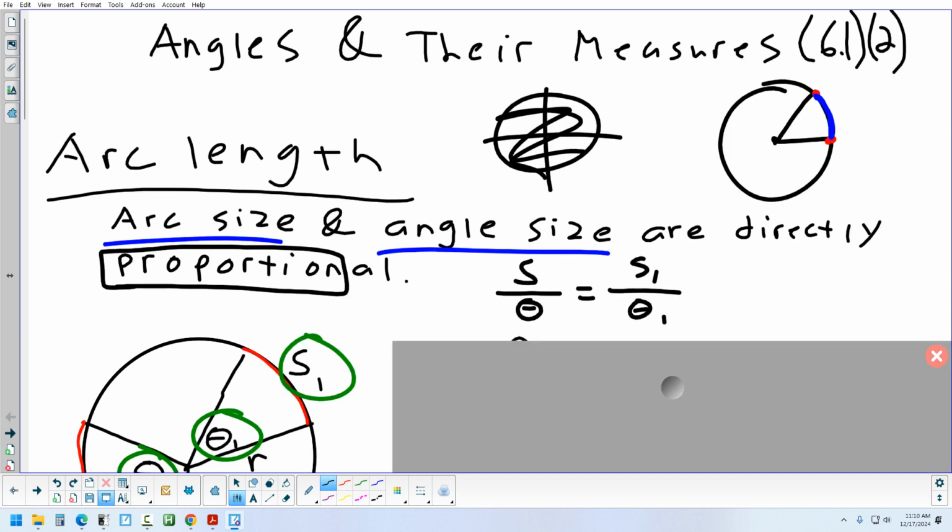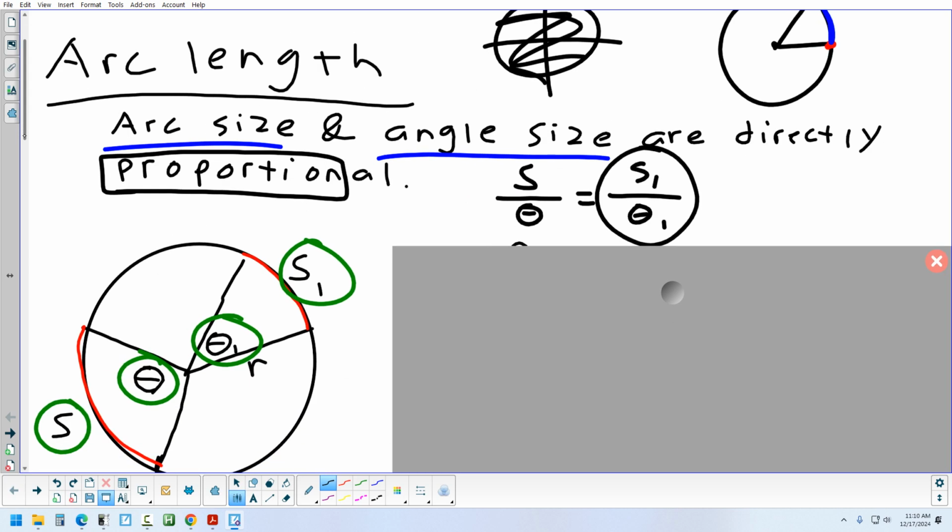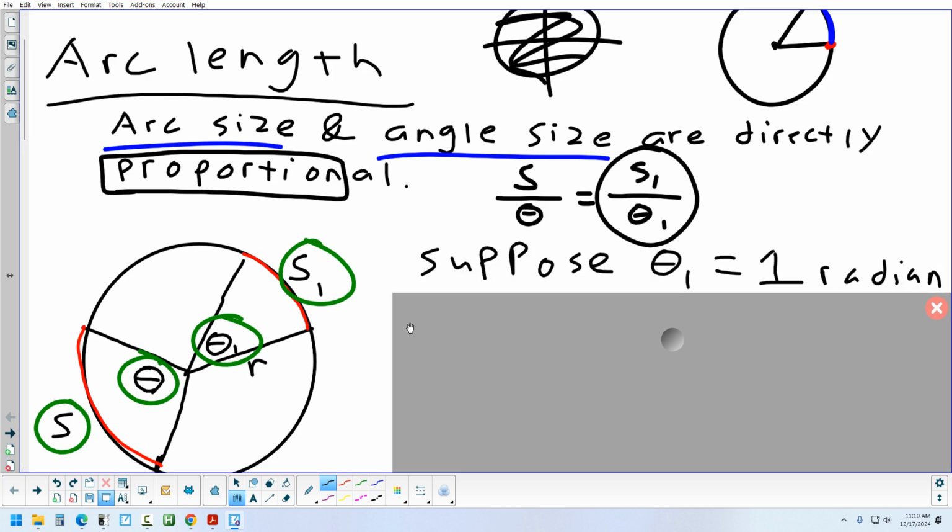We have to do the same thing here. We have to fill in something that we know is true on one side. Right? And this is going to be something that I taught you yesterday. Let's suppose that theta 1 is 1 radian.